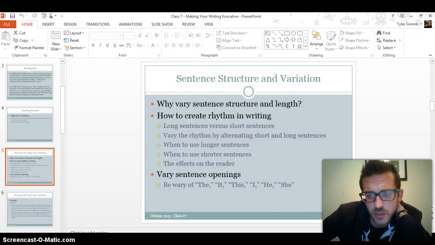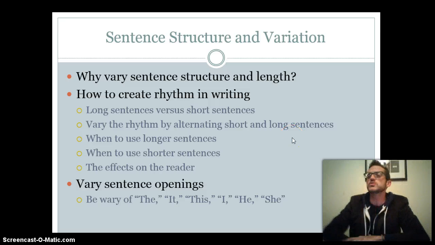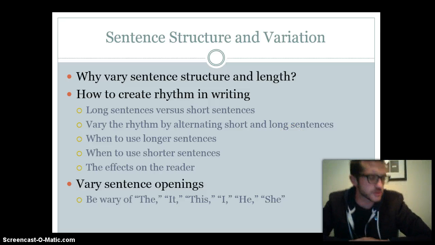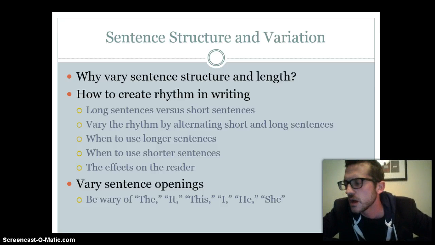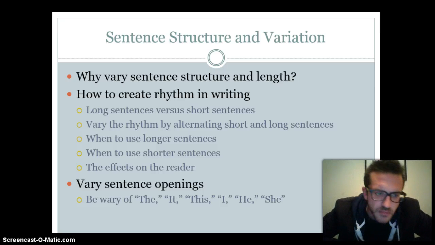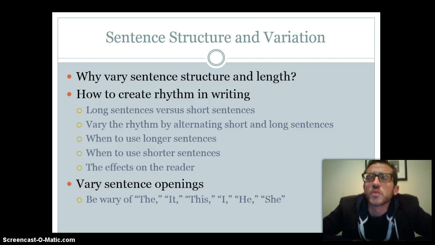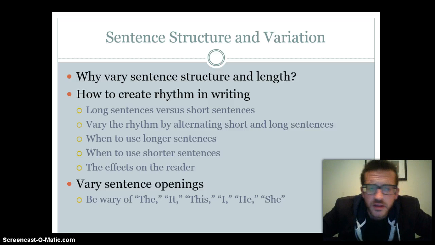However, there are times when you want to use several longer sentences in a row, or several shorter sentences in a row. We often use longer sentences when we are describing imagery, sometimes action.